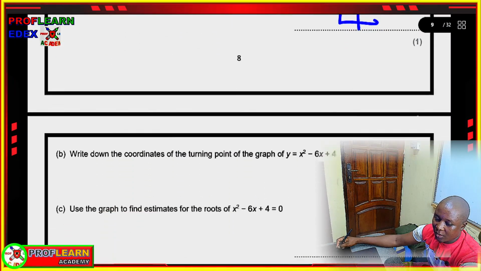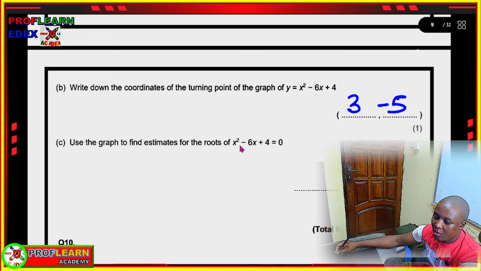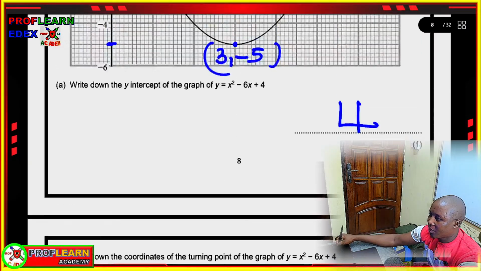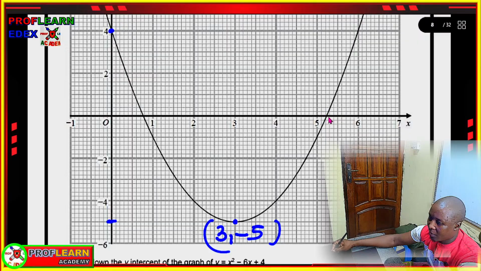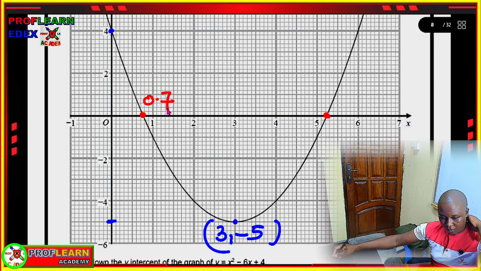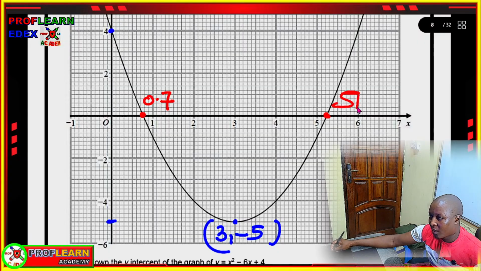The next question that we are asked is to estimate the roots of this equation. So where it crosses the x-axis, we are supposed to state the values. It will be this point here and also this point here: this one is going to be 0.7, and this is going to be 5.1.